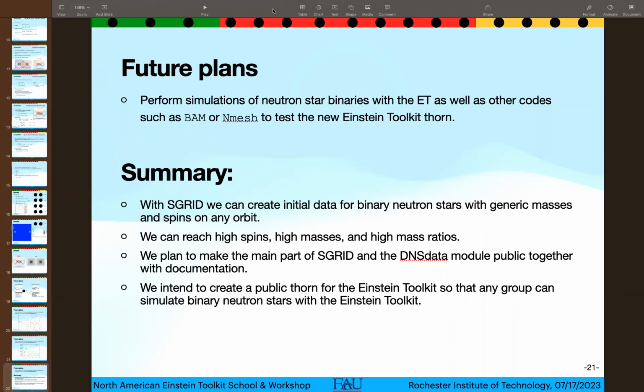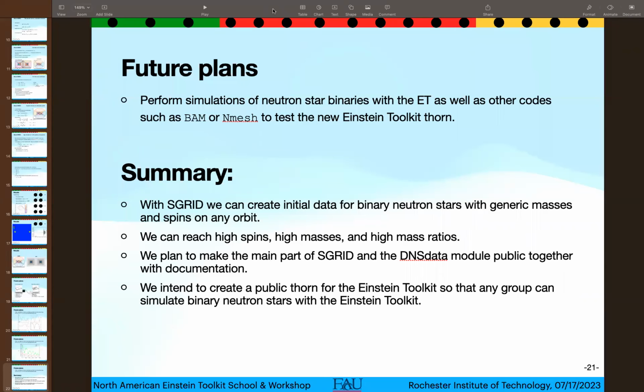All right. Are there any questions for our speaker? Yes. You spoke about SGRID as an initial data generator. What about Lorene or Elliptica? Okay. SGRID is just one of the possible choices. Actually, when I started my adventure with Einstein Toolkit, I used Lorene because then I was working on SGRID, just to generate exactly the same thing.